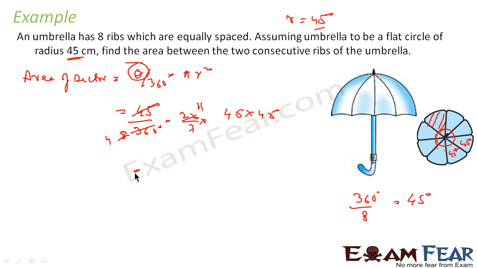So what we get is 45 into 45 into 11, that is 22275, and 7 into 4 is 28. The unit will be centimeter square because it is area and this is centimeter. And this is my answer. So the area of one sector is 22275 by 28, or we can say that the area between two consecutive ribs is 22275 by 28 centimeter square.